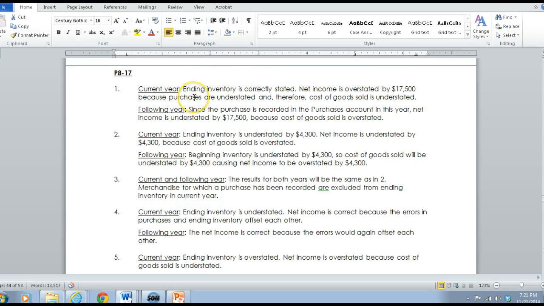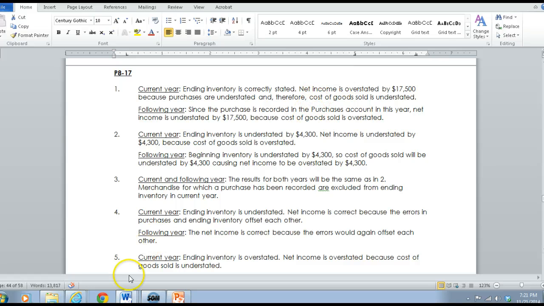It was in the ending inventory, but it didn't get added to the cost of goods available. So when they came up with the cost of goods sold, there wasn't enough in it. The cost of goods sold should have been greater because the purchase wasn't added to all the purchases available. Therefore, the cost of goods sold was understated, which makes our net income overstated.